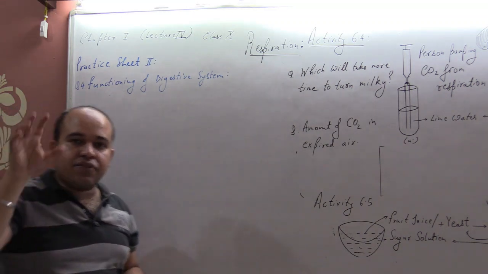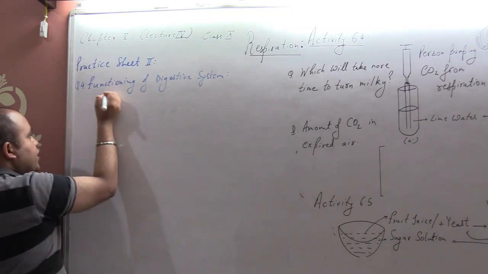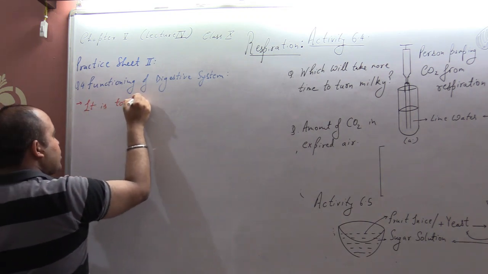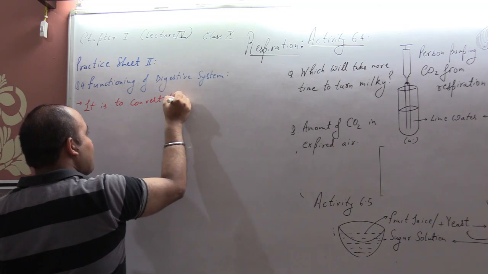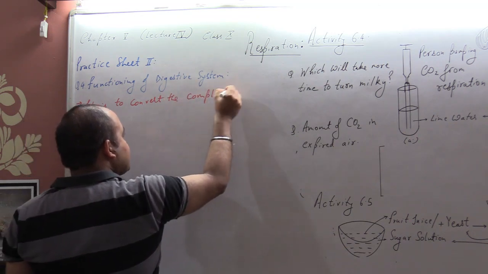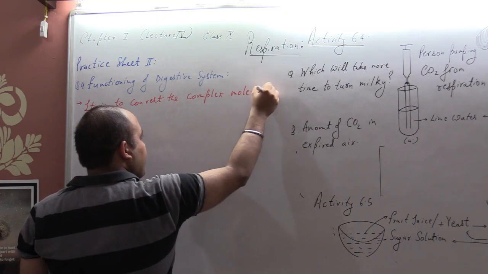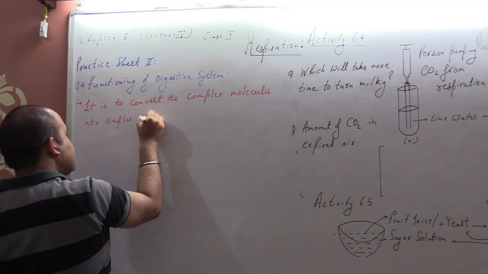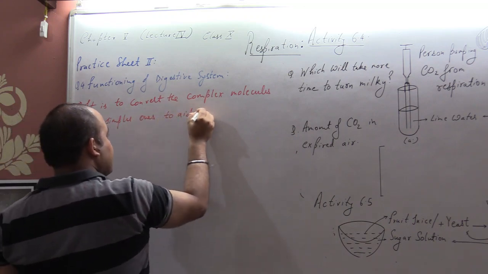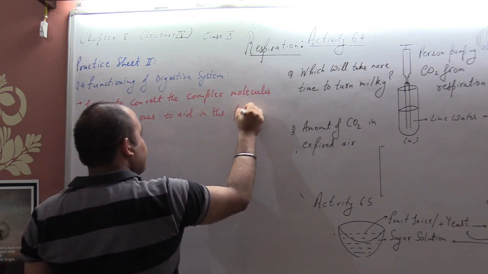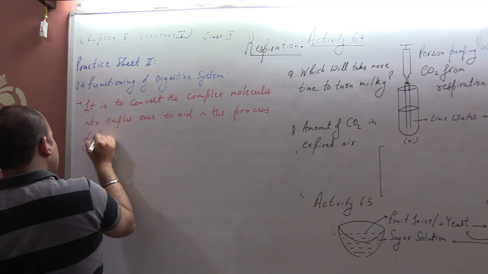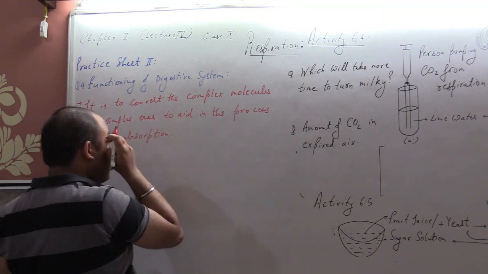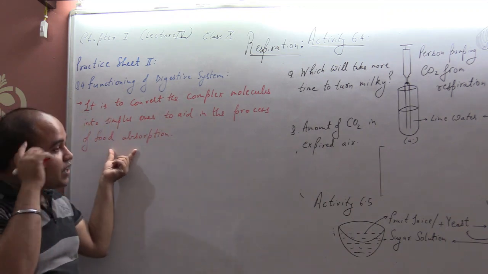The basic functioning of any digestive system is to convert the complex molecules into simpler ones to aid in the process of food absorption and assimilation. This is the basic functioning of the digestive system.